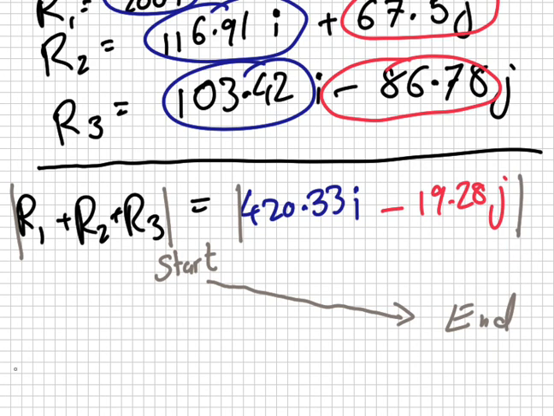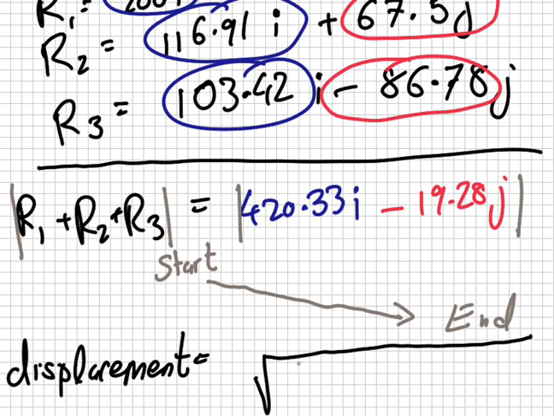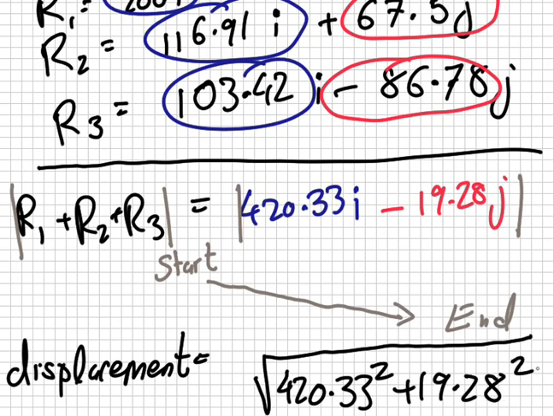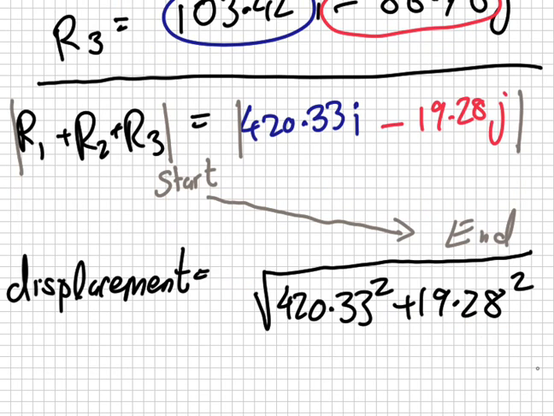So here, displacement equals square root of 420.33 squared plus 19.28 squared. Okay, what's that? 400.